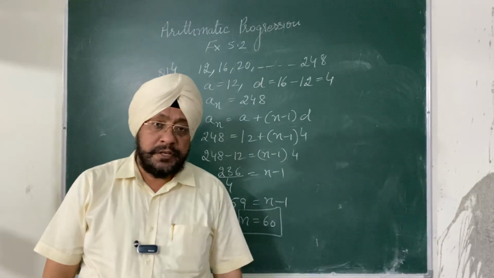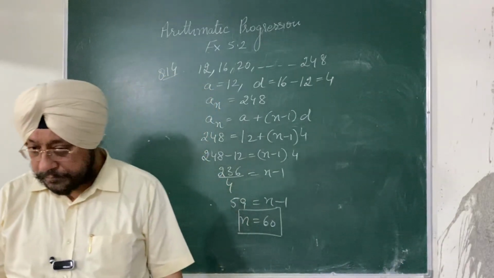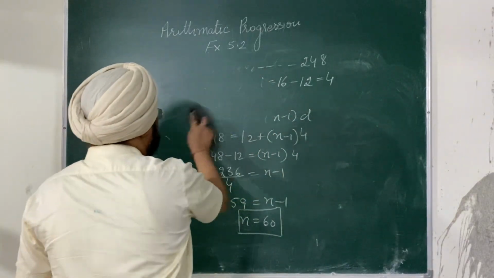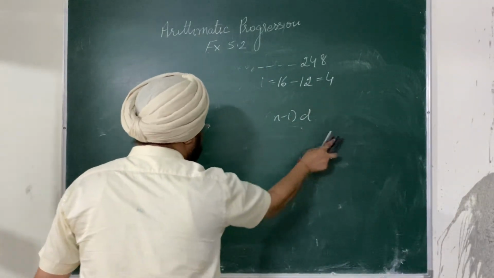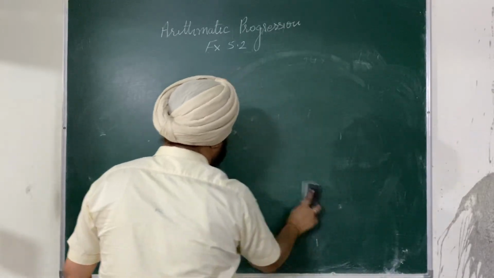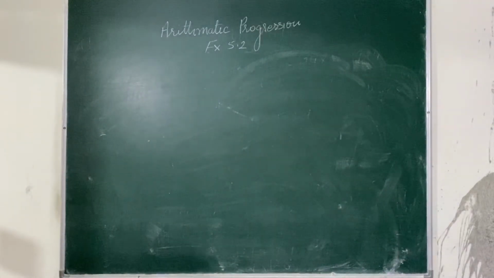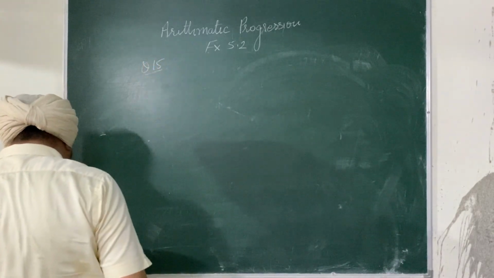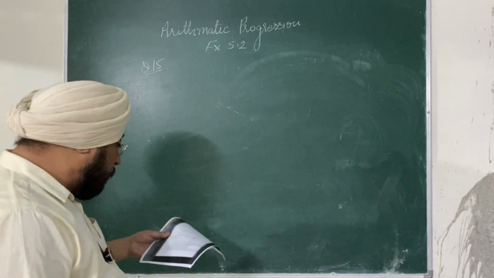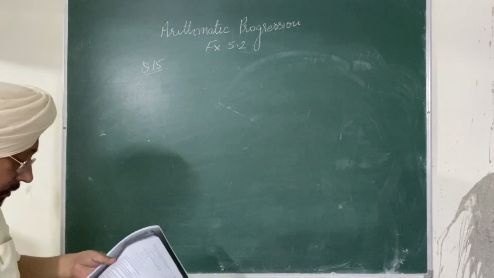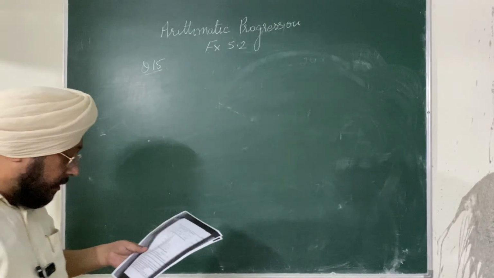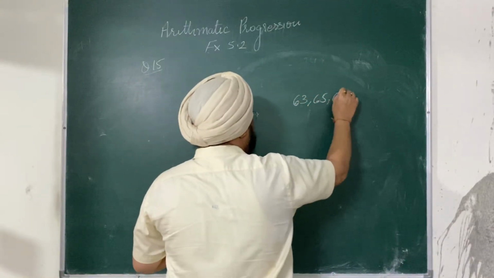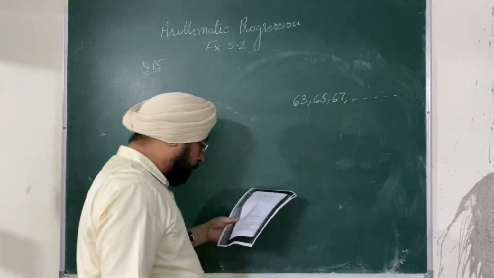So let's come to question number 15. So what is sum number 15 here? Sum number 15 is: for what value of n are the nth terms of the APs equal? The first AP is given as 63, 65, 67 and so on.